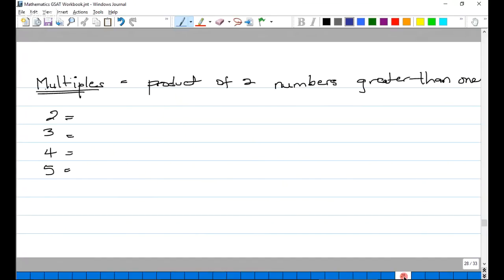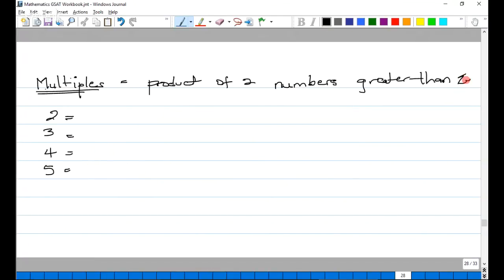A multiple of a given number is the product of that number and any whole number greater than 0. So it must be greater than 0. So I need to fix this, and let me put this now here.